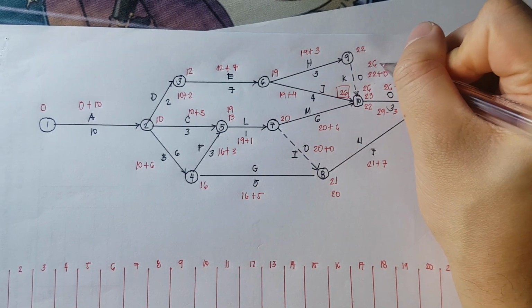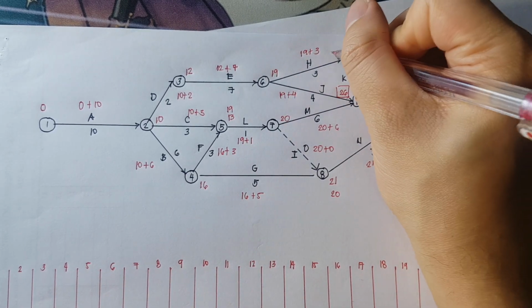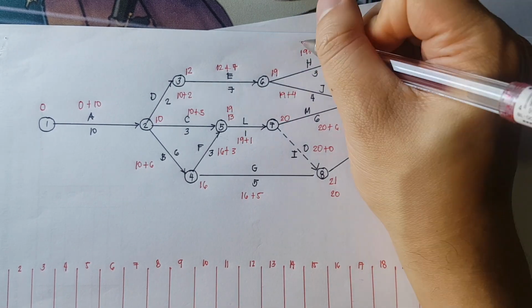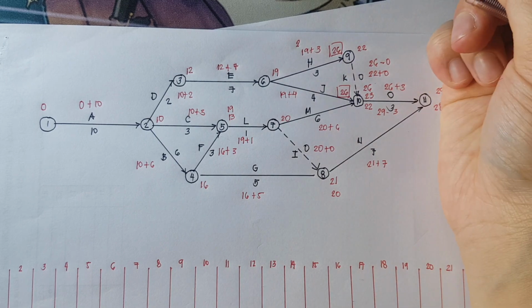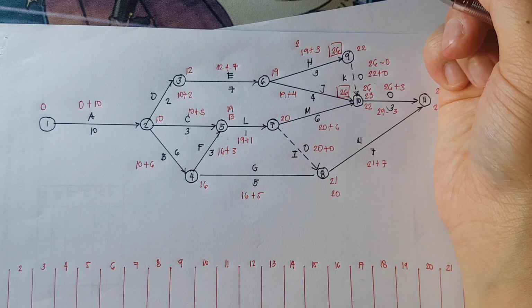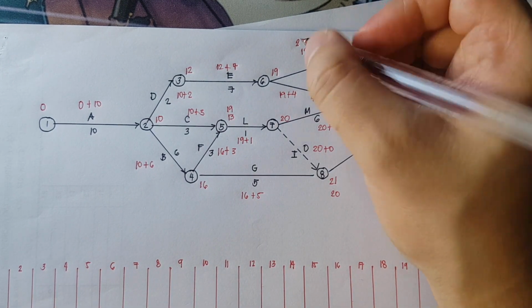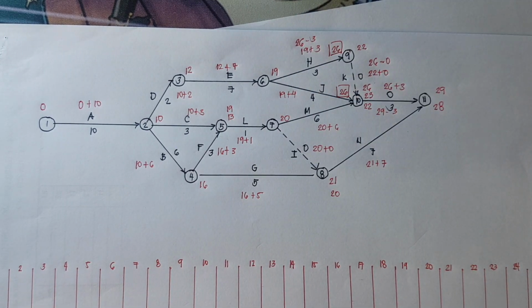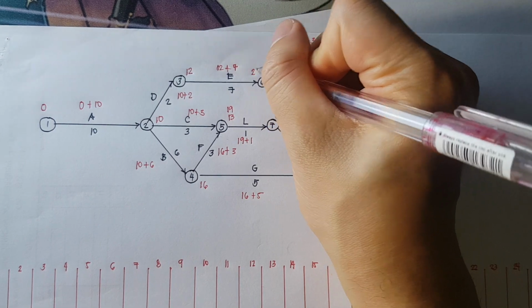So 26 minus 0, that is also 26. Yes. 26 minus 3, that is 23. So we have here 23.